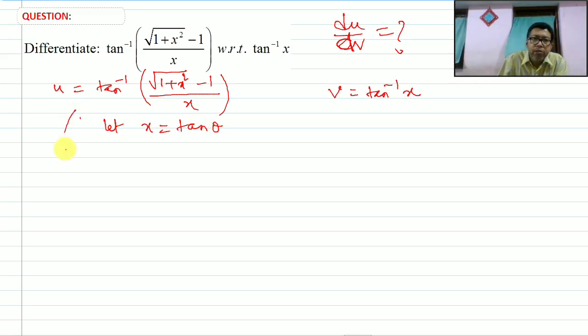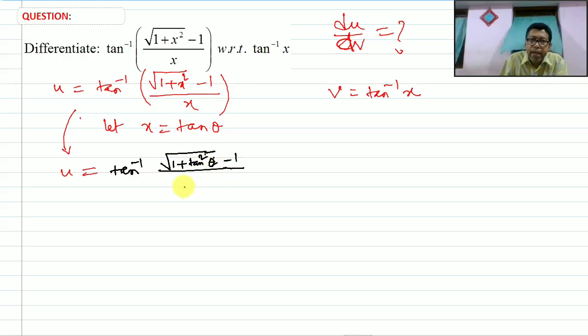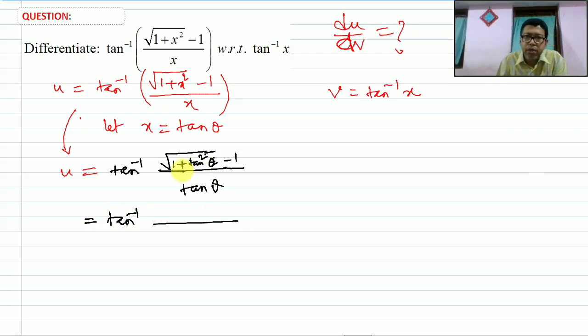Then u becomes tan inverse of (root over 1 plus tan square theta minus 1) whole divided by tan theta. What is 1 plus tan square theta? It is sec square theta, and the root of sec square theta is sec theta. So we have sec theta minus 1, whole divided by tan theta.